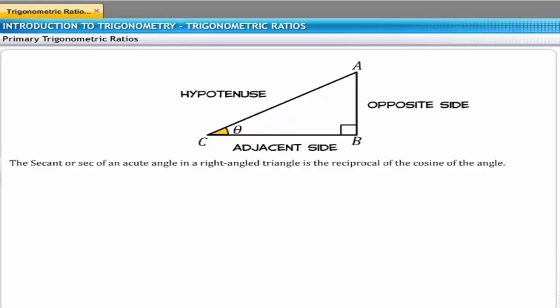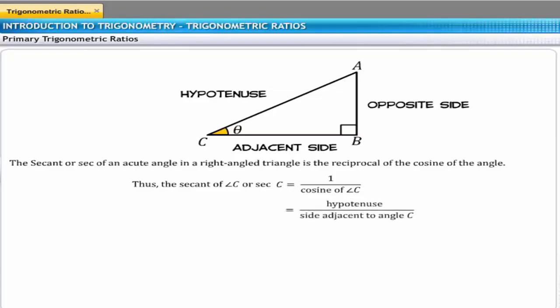The secant or sec of an acute angle in a right-angled triangle is reciprocal of the cosine of the angle. Thus, the secant of angle C is equal to the ratio between the hypotenuse and the side adjacent to angle C. Or, the secant of angle C is equal to AC upon BC.